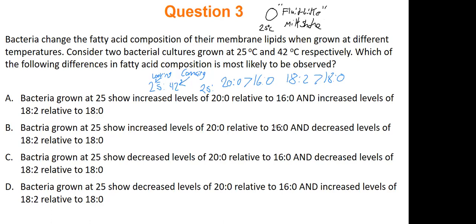Now, if you're colder, 25 degrees is not that cold, but we're comparing it to bacteria at 42, right? What you want is shorter lipid tails. Because remember on the table, we said that the longer the lipid tails, the harder it is to melt. So with more lipid carbon tails, it's more likely to be a solid.